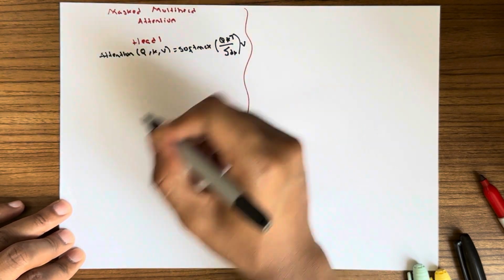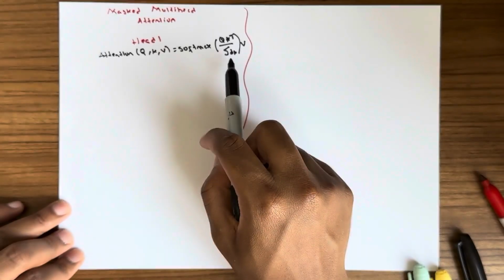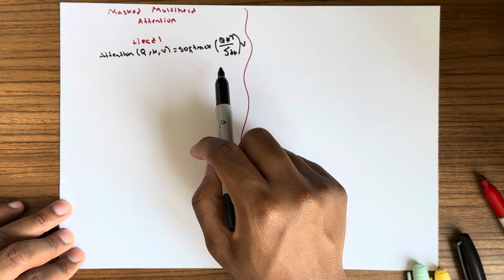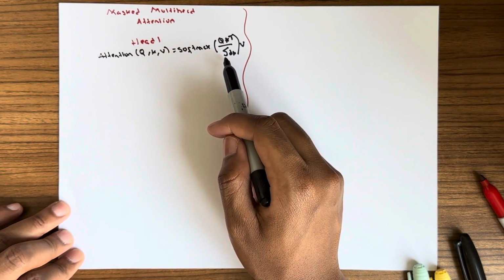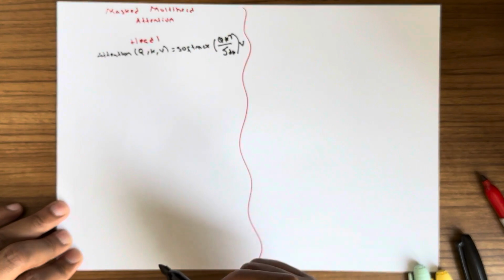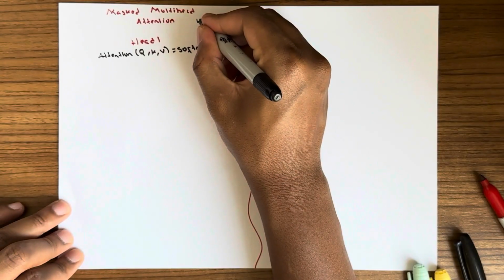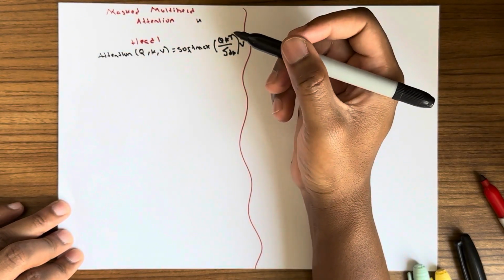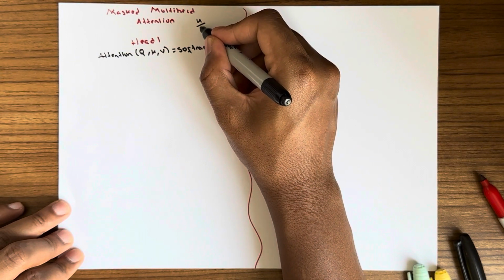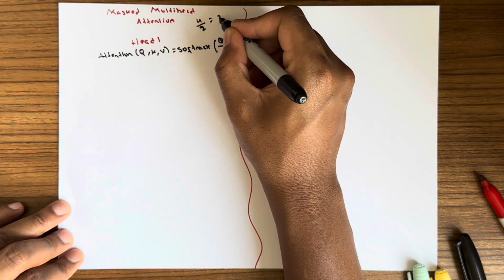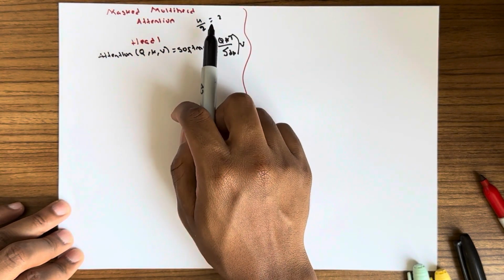This d is actually the dimension of the embedding. In our case, our embedding dimension was 4. We will be having two heads. So 4 divided by 2 is 2, and this 2 is actually important. We'll get back to it.